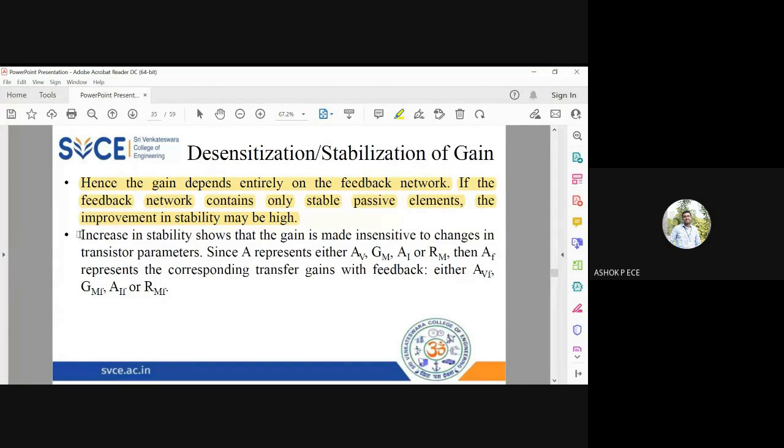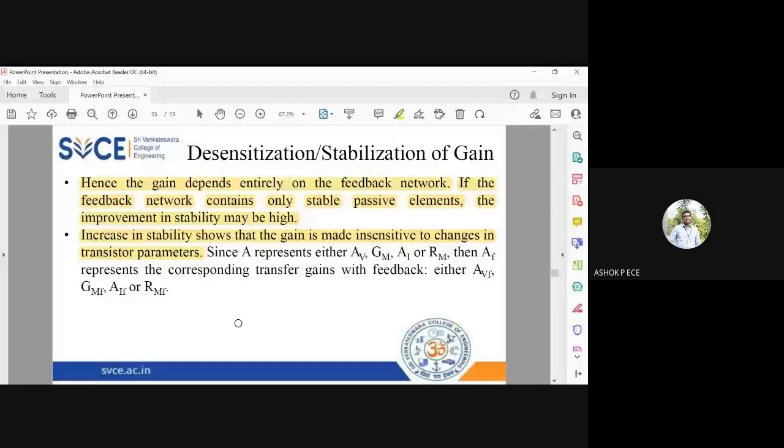The increase in stability shows that the gain is made insensitive to changes in transistor parameters. So what is the point in having a gain which is dependent on beta? It is not dependent on transistor parameters. Even if the H parameters of transistors change, even if I replace the transistor with a new transistor, none of this is going to affect my performance or my gain.